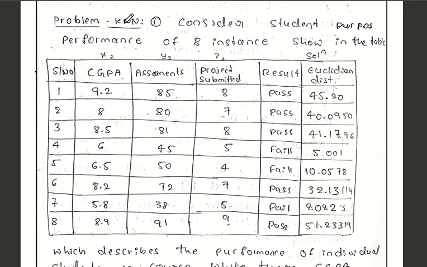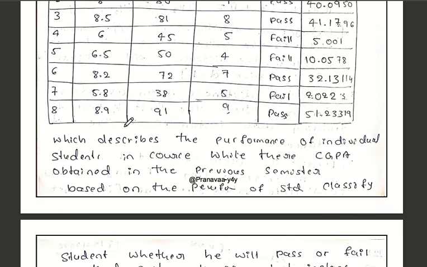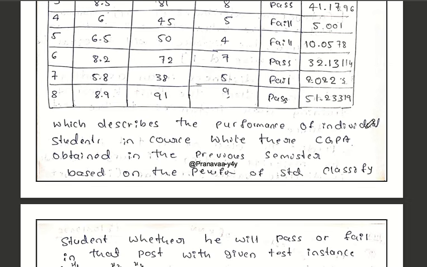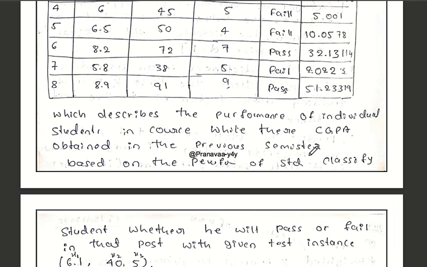For the k nearest neighbor algorithm, consider the student performance of 8 instances shown in the table. This is the data table they have given, which describes the performance of the individual students in the course along with the CGPA obtained in the previous semester.